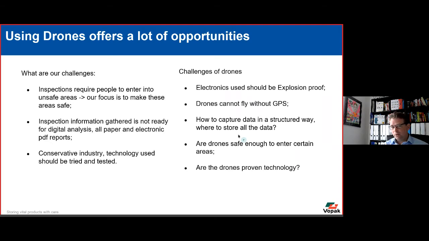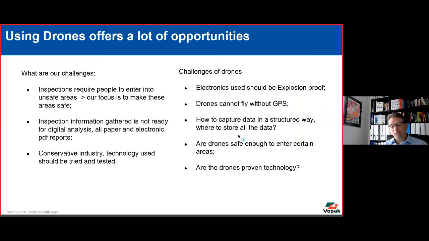So that's one focus. Our second one is that for almost maybe 50 years or 60 years, our assets are inspected in the same way as they've been done forever. So people, inspectors, they come with documents and they check the assets and they write down what is well, what is wrong, and what needs to be repaired.